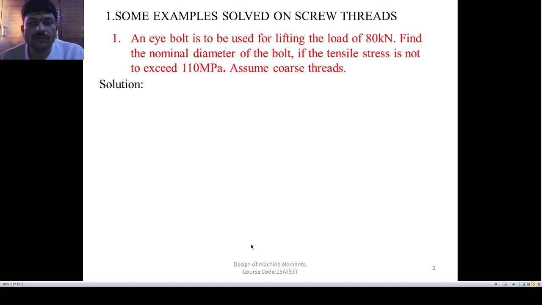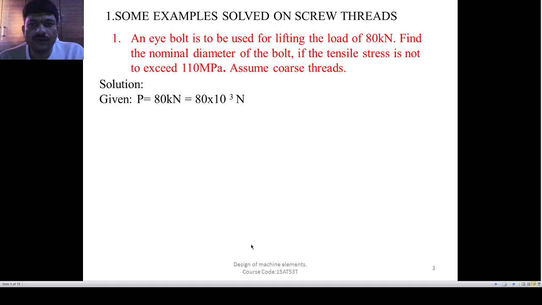Assume coarse threads. Once again, read out the problem and write down the given data. The eye bolt lifts a load of 80 kilonewton. That is the tensile load, P equal to 80 kilonewton, that is 80 into 10 raised to 3 Newton.